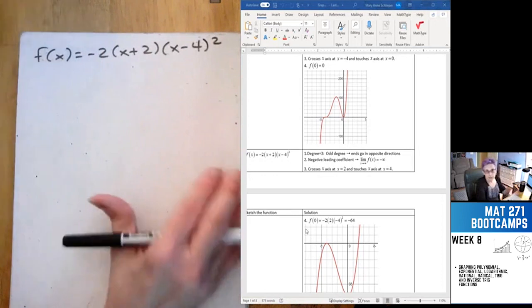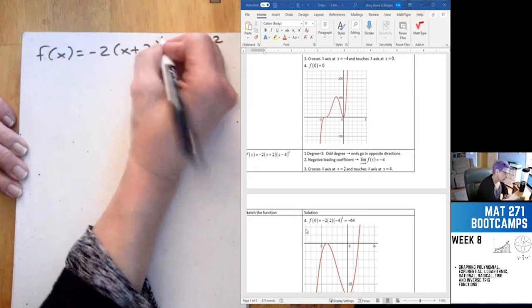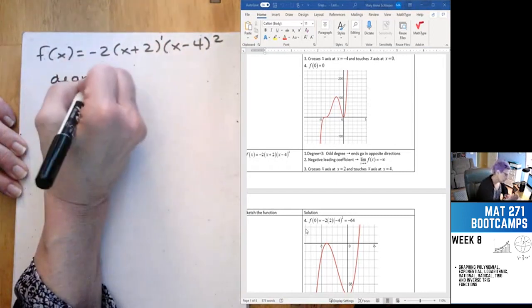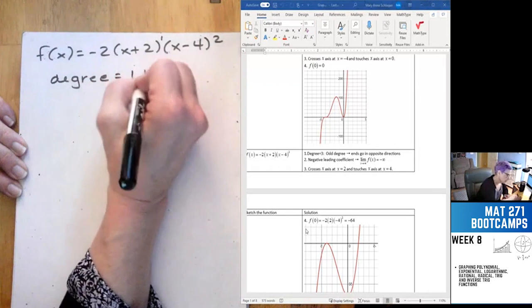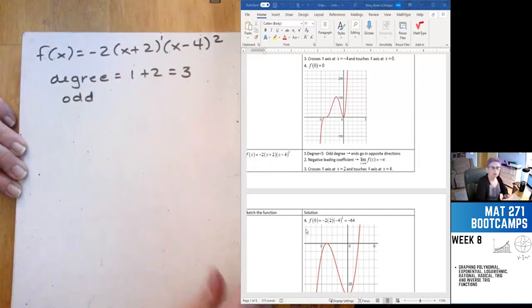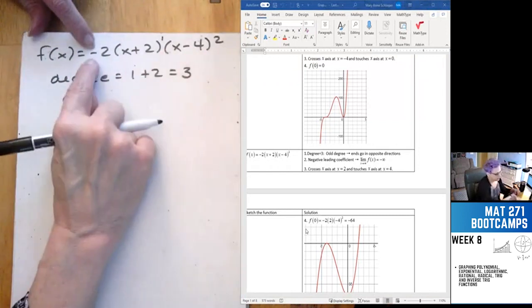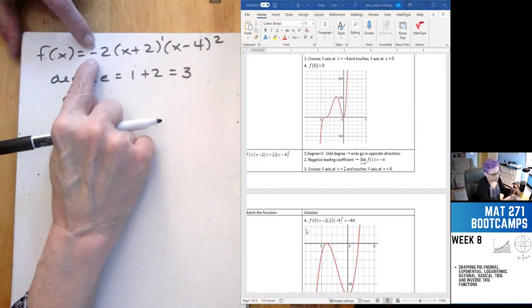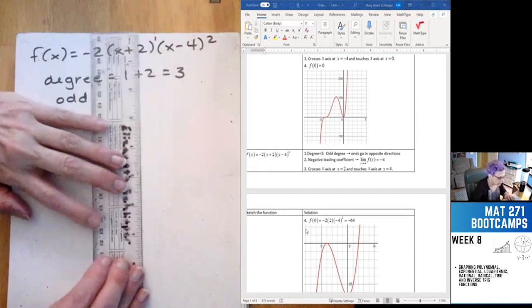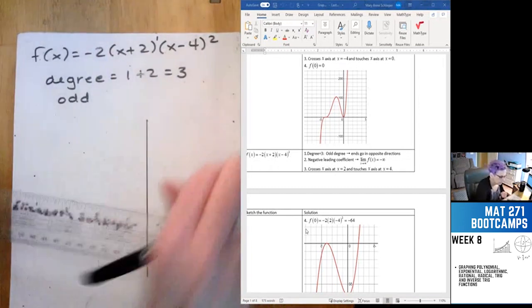squared. So the first thing I look at is the degree. So invisible 1, that means the degree is 1 plus 2, which is 3. Odd. So the ends go in opposite directions, and since the leading coefficient is negative, that means as x approaches infinity, we'll be going towards negative infinity.